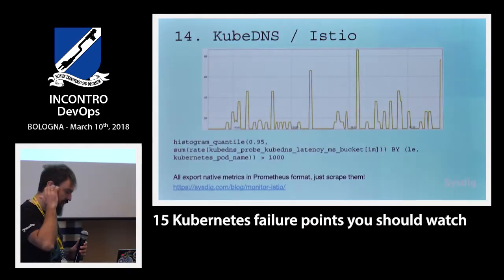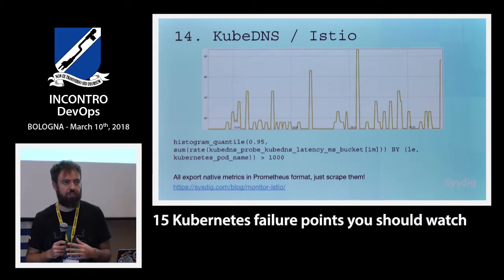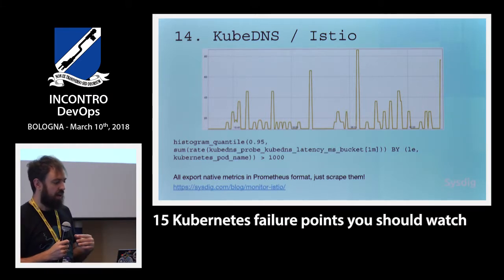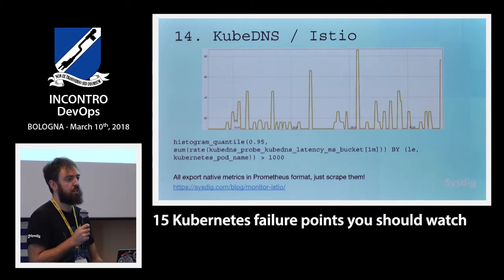And then KubeDNS, Istio, whatever it is, whatever is your network layer, your DNS service. Most of the CNCF projects nowadays expose metrics using Prometheus format.